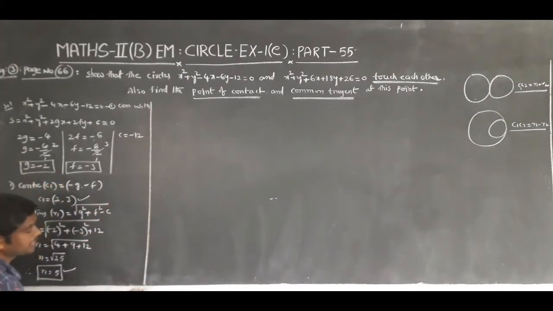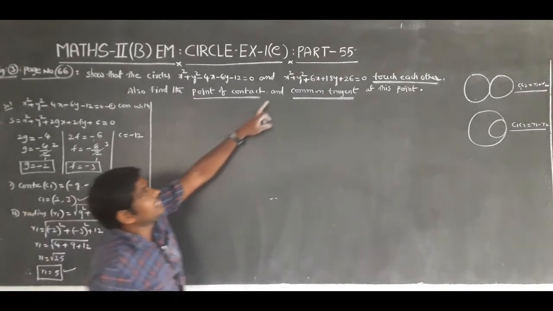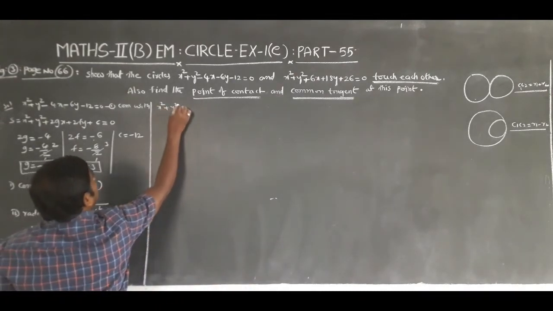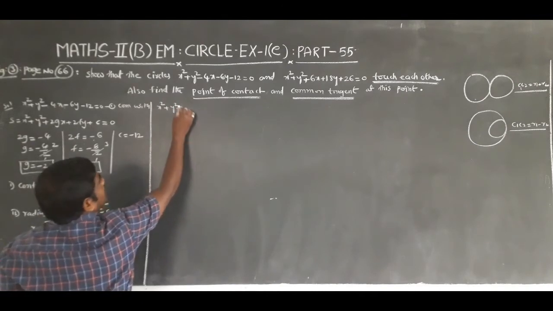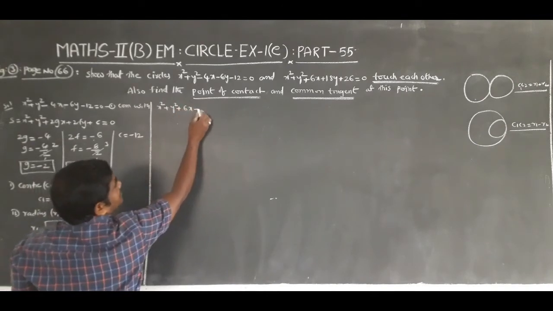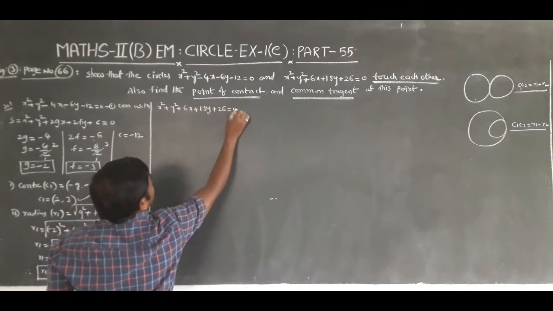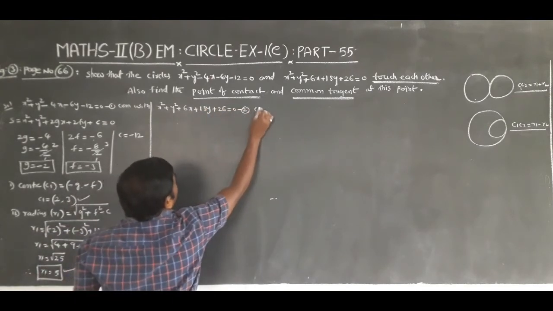Again, find the center and radius of the second circle. Equation of the circle: x square plus y square plus 6x plus 18y plus 26 is equal to 0.